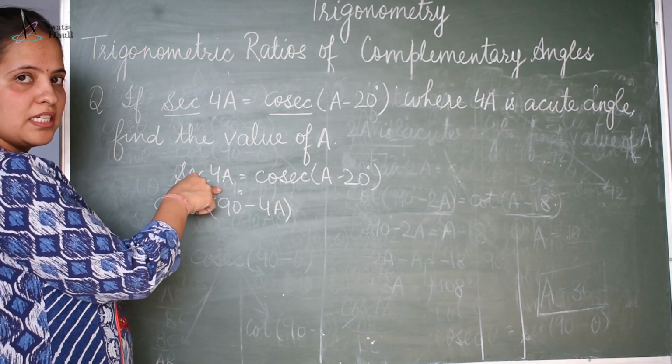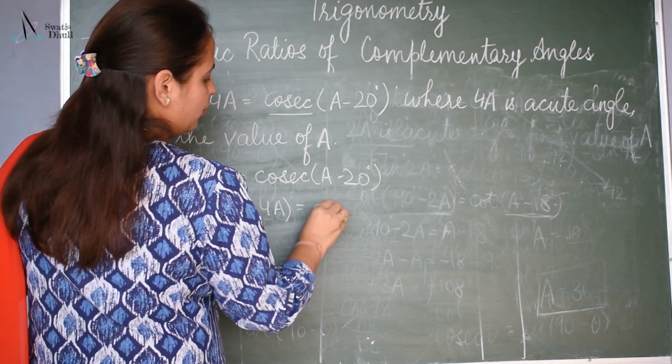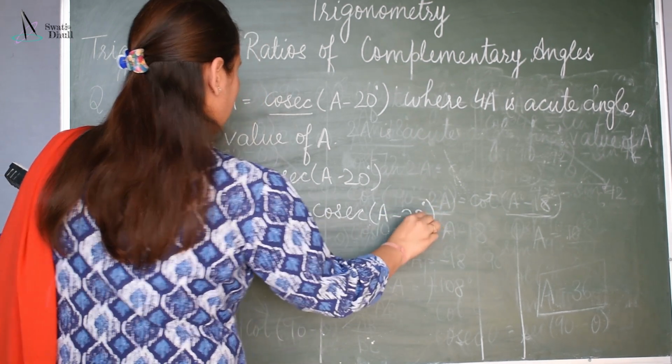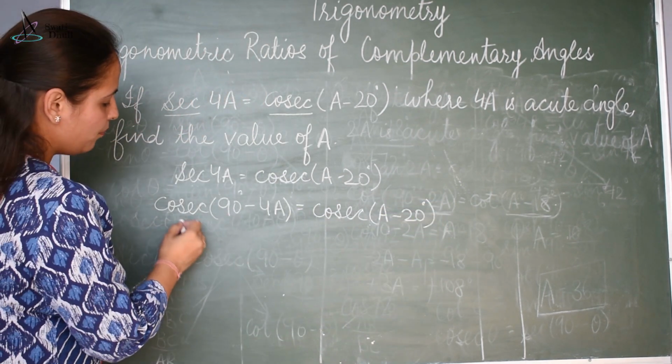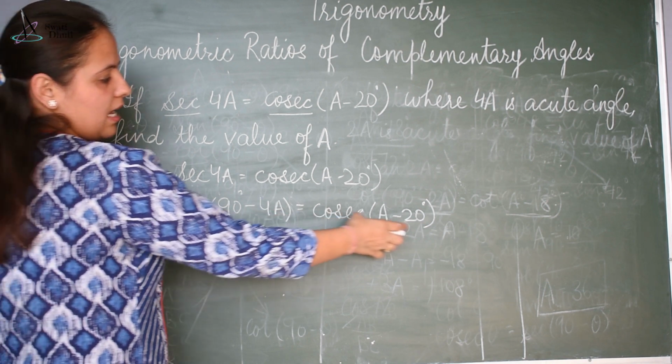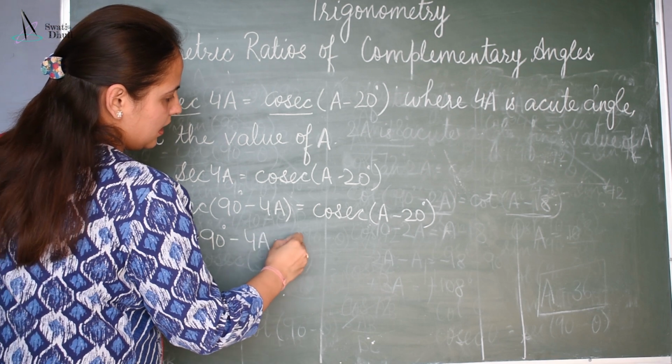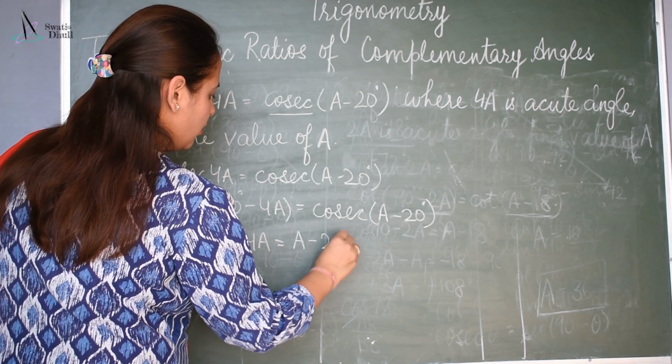That means in place of theta I have 4a. So they both are equal, that means this angle and this angle will be equal. So 90 degree minus 4a is equal to a minus 20 degree.